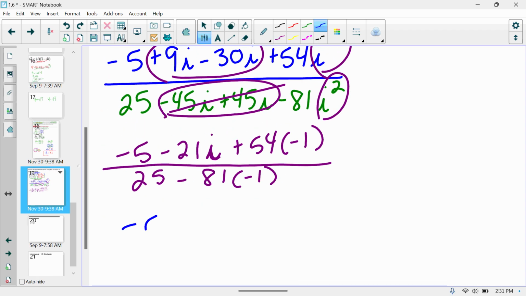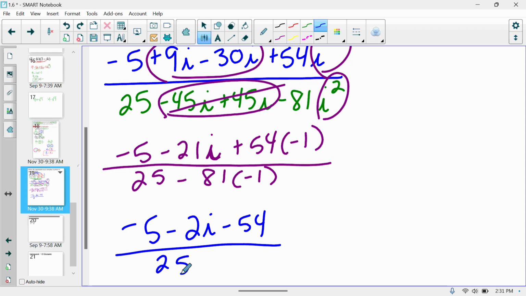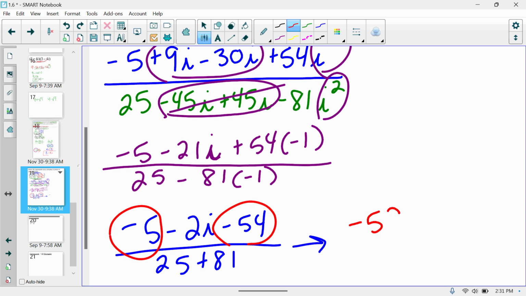So then that means we could just write 54 times negative 1 is just negative 54. Down here, negative 81 times negative 1 is just positive 81. So that means, go ahead and combine these real parts. Negative 5 minus 54 is negative 59. And then have your imaginary part. 25 plus 81 is 106.